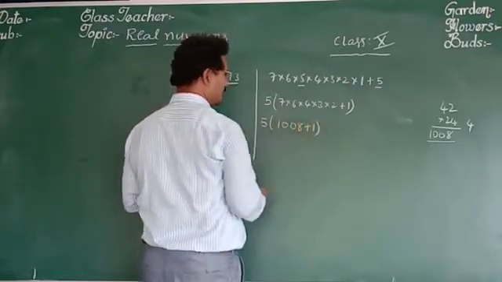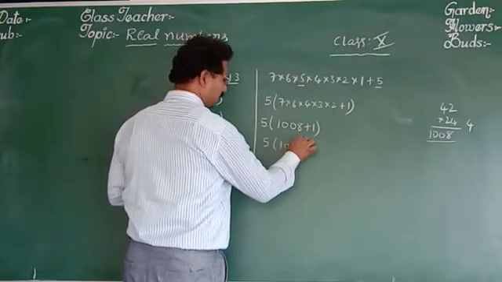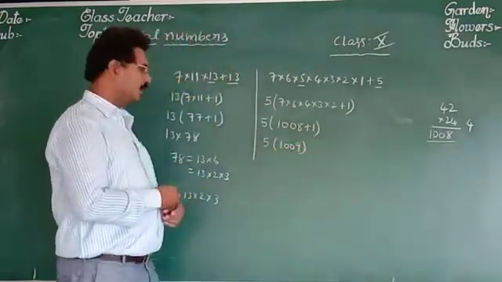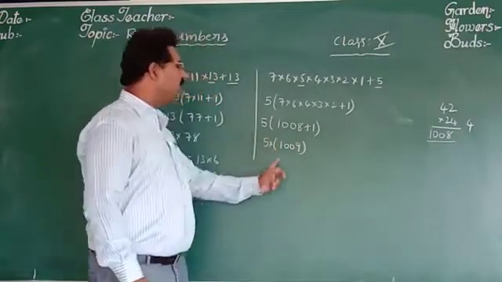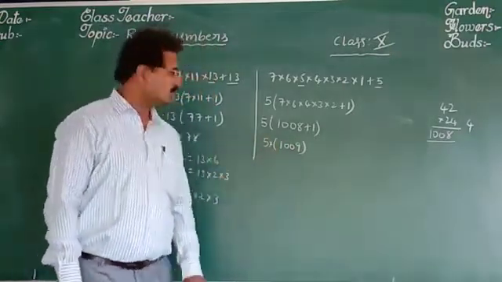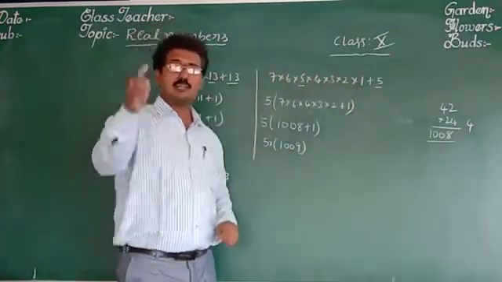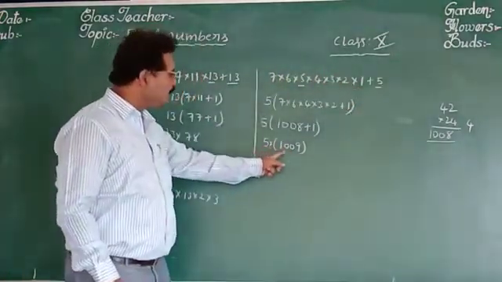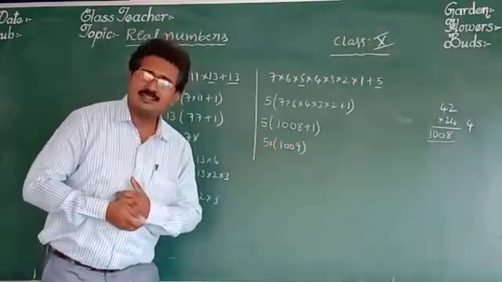1008 plus 1. So 5 into 1009. So this can be written as the 2 factors 5 into 1009. Since it contains 2 factors, it is a composite number. But in another way, 5 into 1009, that means 1009 is a prime number.